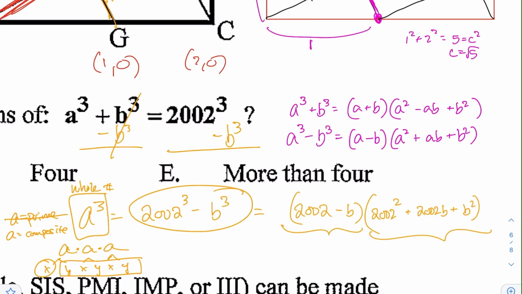And we see that that can't be true. You can't have one number be x, and the other one be x times y times x times y times y, because this doesn't have any factors of this, and vice versa. So here there's a contradiction. a can either be prime or composite, because it has to be a whole number, and we see that it can't be either, because these two have no common factors at all.